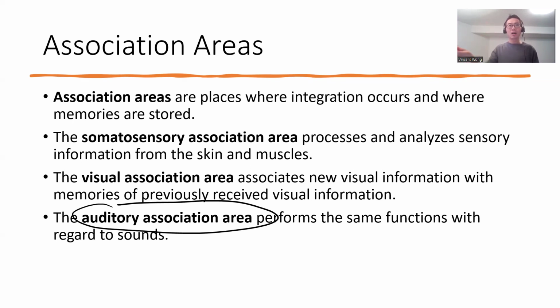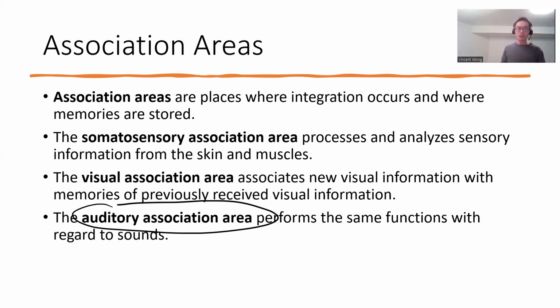Every time you guys talk, my auditory association area is going to match that voice with the voices that I know. If it's someone that I never heard of before, then I try to create a memory for it, so next time I hear it again, maybe I'll recognize it. Do you understand? It's very simple.